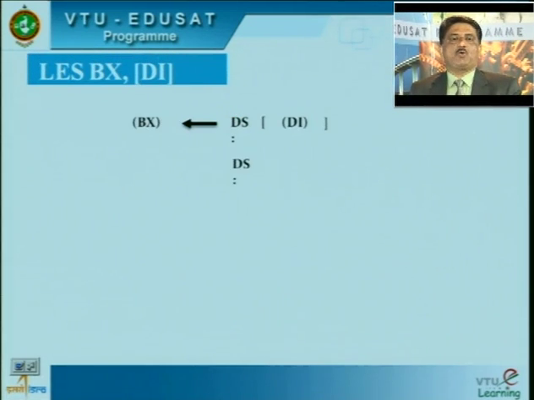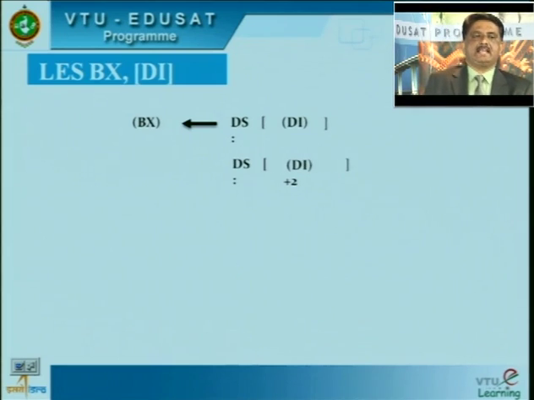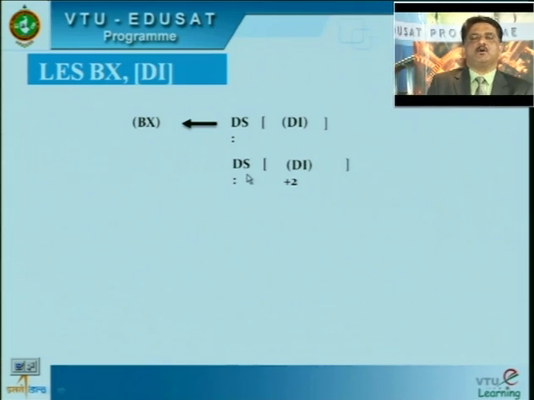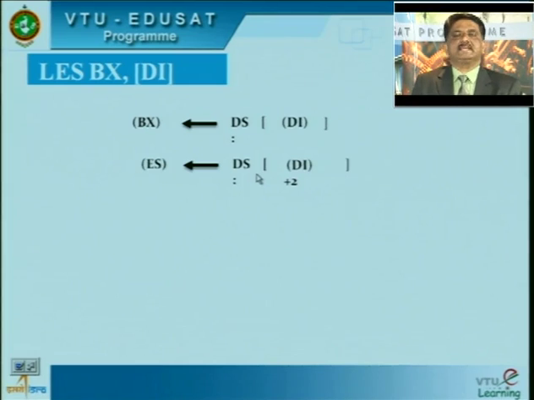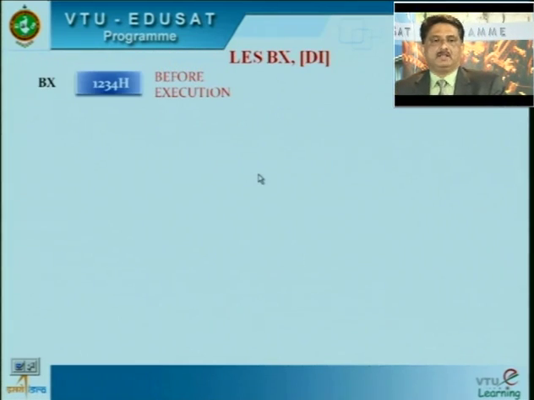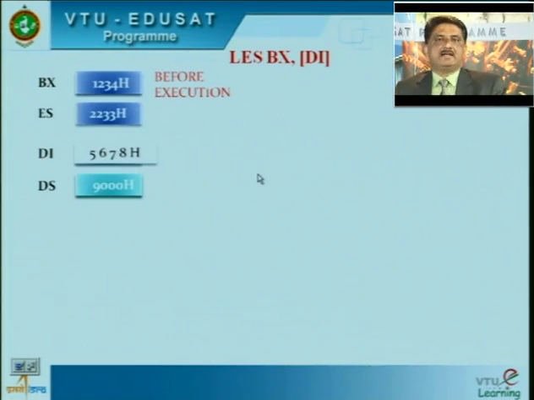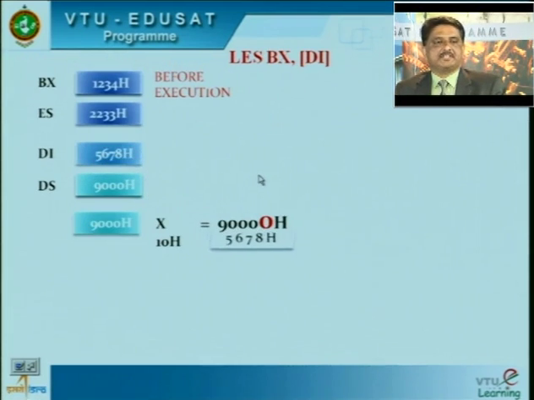Now see this working functionality. The contents of the memory location obtained by adding DS with DI go to BX, and the contents of the memory location obtained by adding DS with DI plus 2 go to the ES register. Now let us try to understand how this works using this animation.